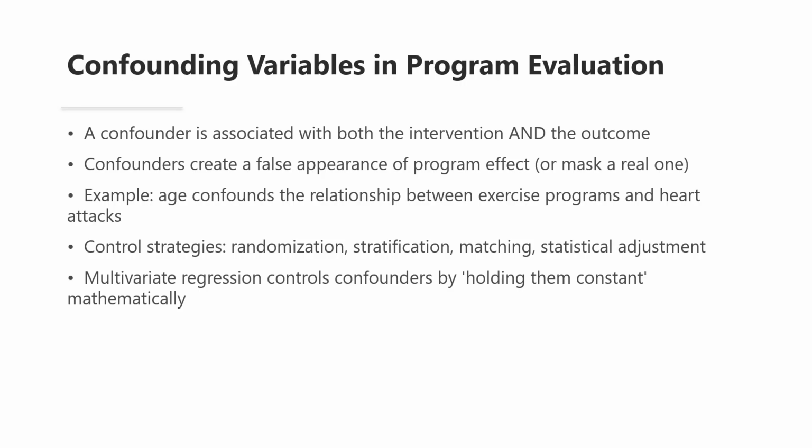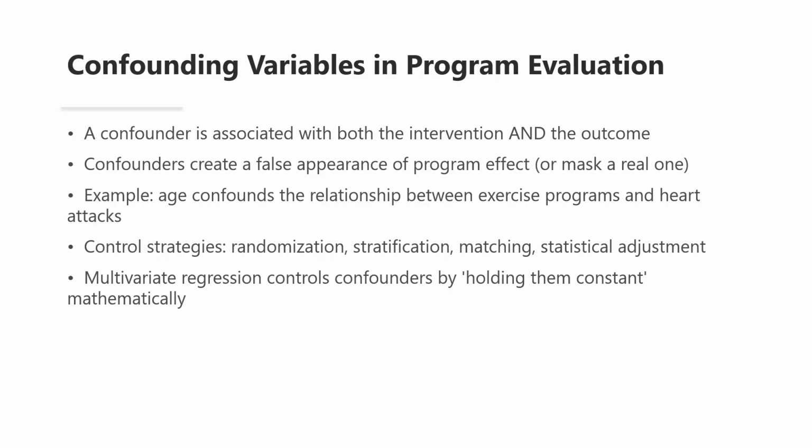For example, you would compare heart attack rates among younger participants to younger non-participants, and separately compare older participants to older non-participants. The third strategy is matching, where you pair each participant with a non-participant who has the same value on the confounding variable.